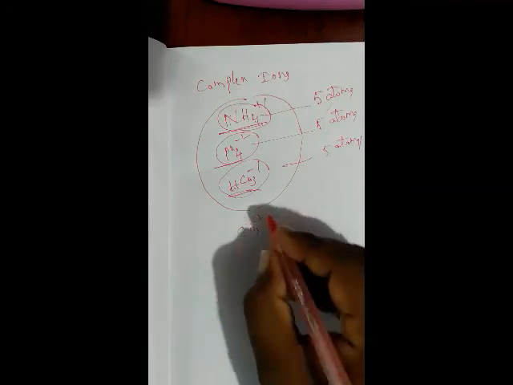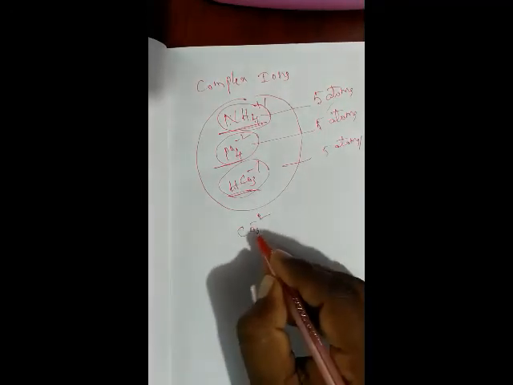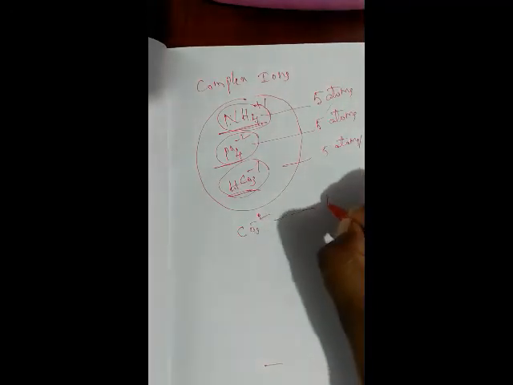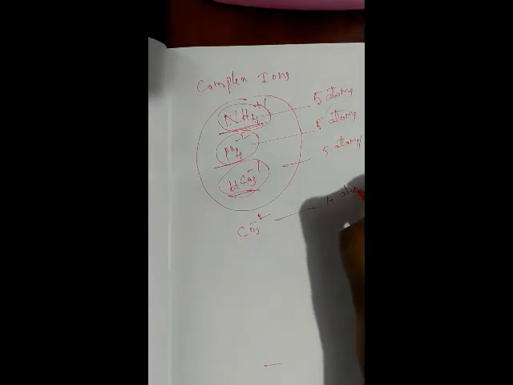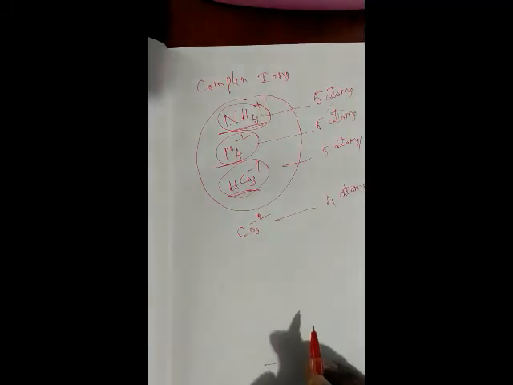Take another example, CO3 minus 2. Carbon 1 atom and oxygen 3 atoms. So in total 4 atoms.